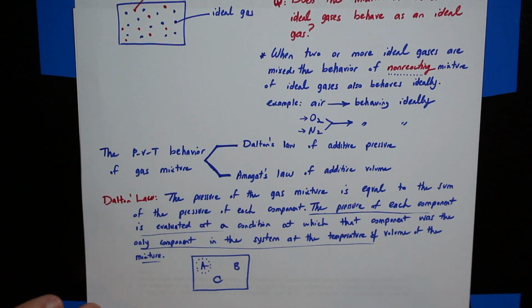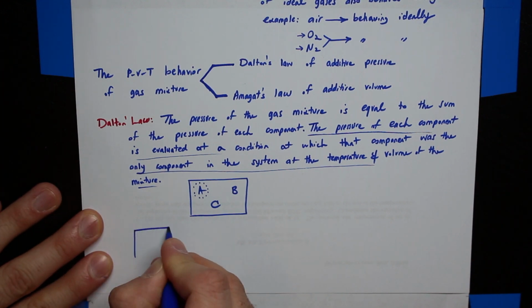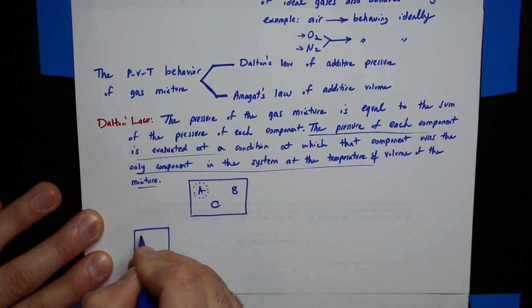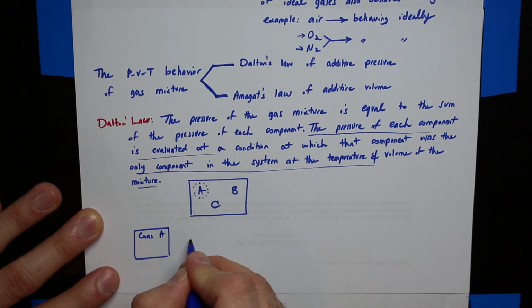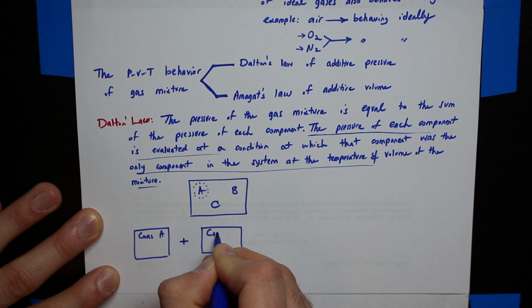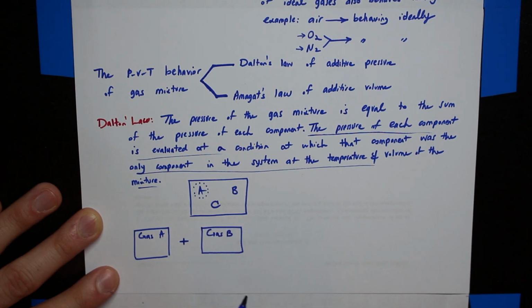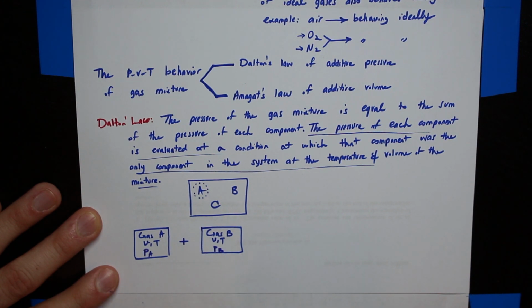So if I want to do a very simple schematic, according to Dalton's law, let's say we have gas A, and we are combining gas A with gas B, both at the same volume and same temperature. Gas A has pressure PA and gas B has pressure PB.